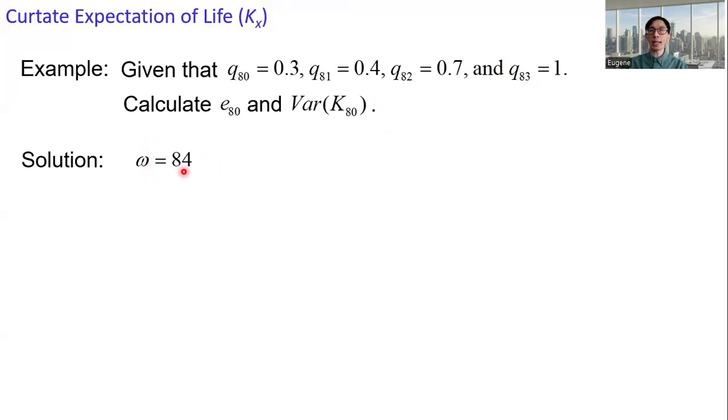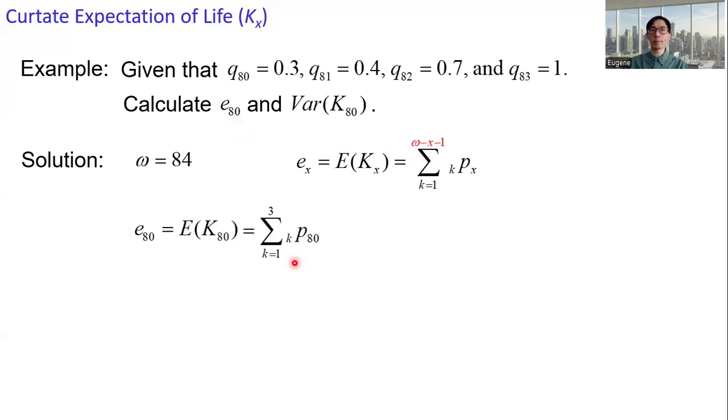The limiting age is 84, so omega equals 84. So we have an upper age limit. So ex equals the summation of kpx from k equals 1 to omega minus x minus 1. Omega is 84, and we want e80, so x is 80. So we only need to sum up the terms k equals 1, 2, and 3. Only 3 terms.